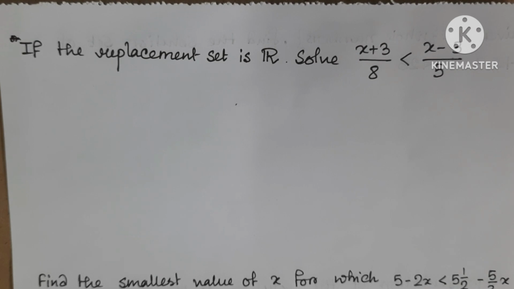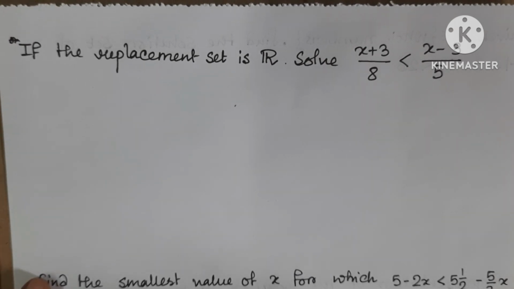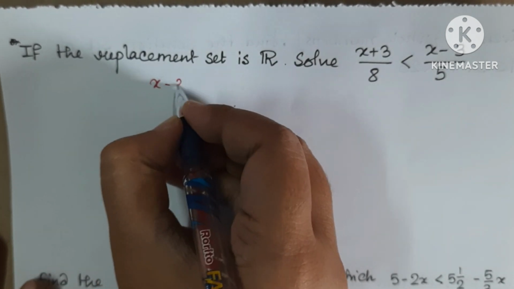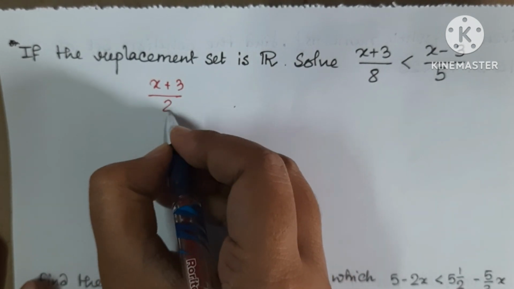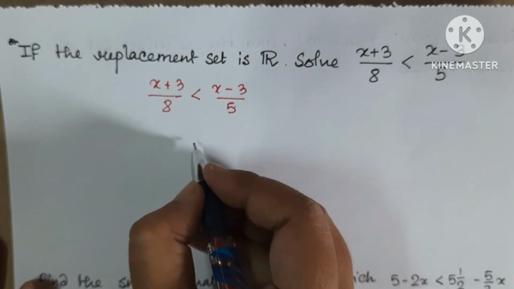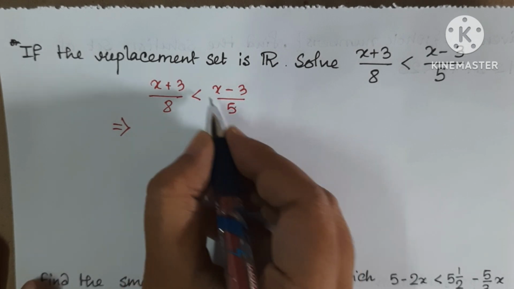Now next problem. If the replacement set is R, solve (x plus 3) by 8 less than (x minus 3) by 5. Okay. If you write it, (x plus 3) by 8 is less than (x minus 3) by 5. So here you can do cross multiplication.